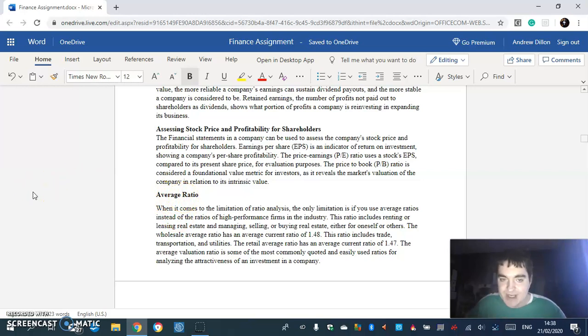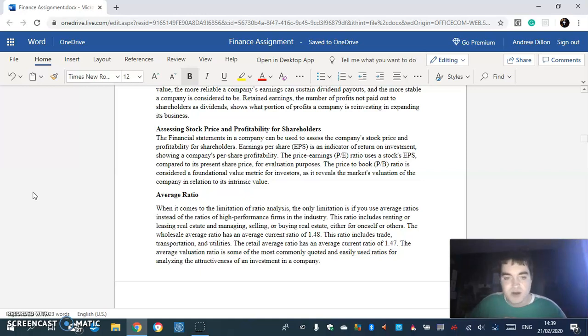When it comes to the limitation of ratio analysis, the limitation is if you use average ratios instead of the ratios that are high performers of firms in the industry. This average ratio includes renting or leasing real estate and managing and selling or buying real estate, either for oneself or on behalf of others.